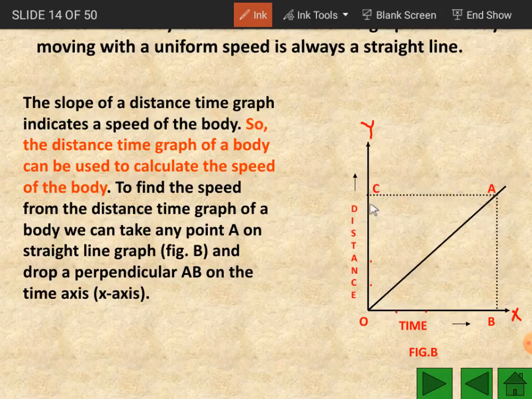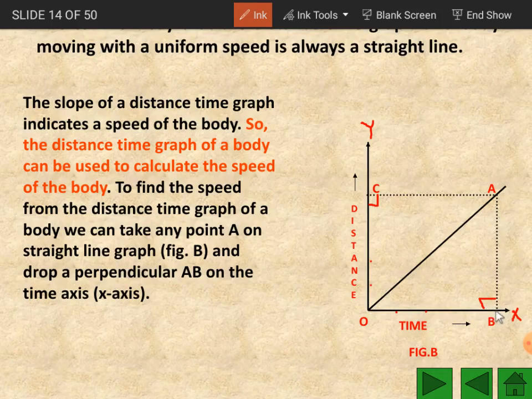Along the x-axis the foot of the perpendicular is B, and along the y-axis the foot of the perpendicular is C. So the length OC represents the distance, and the length OB on the graph represents the time for this particular point.